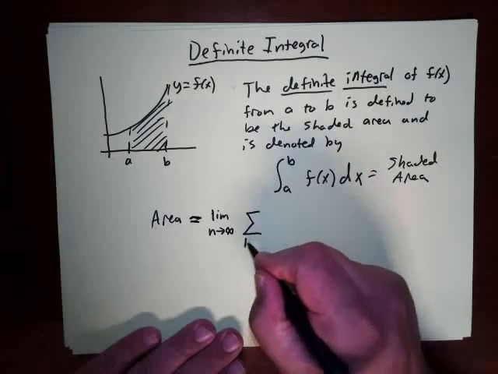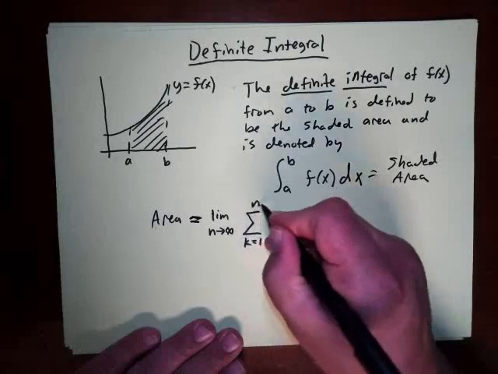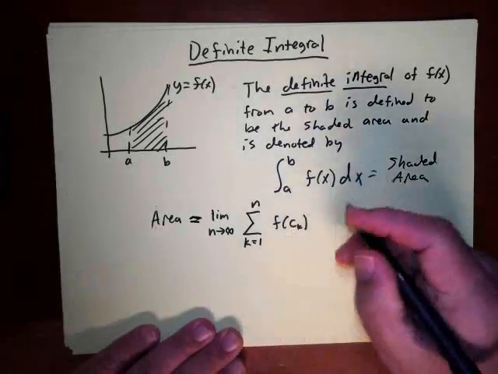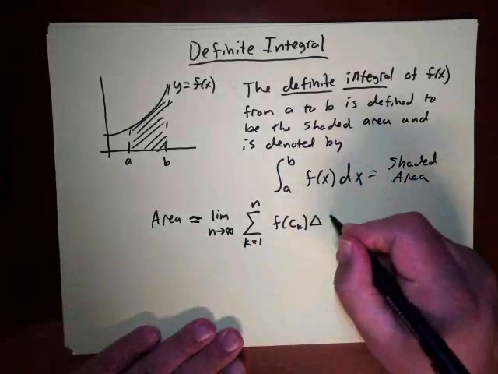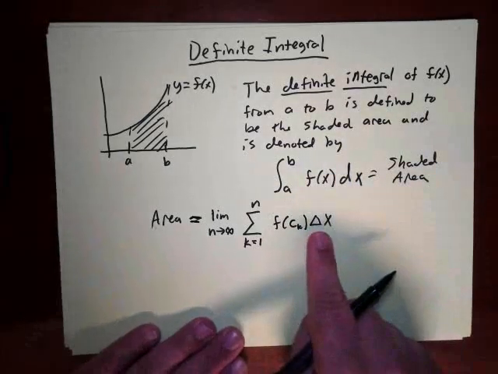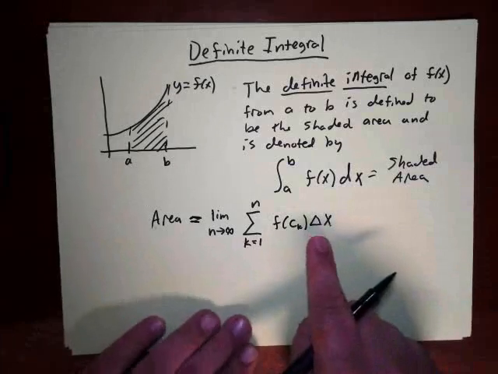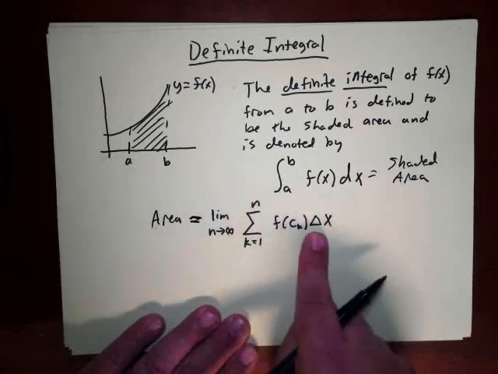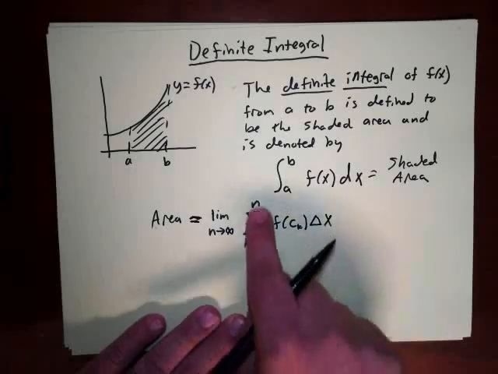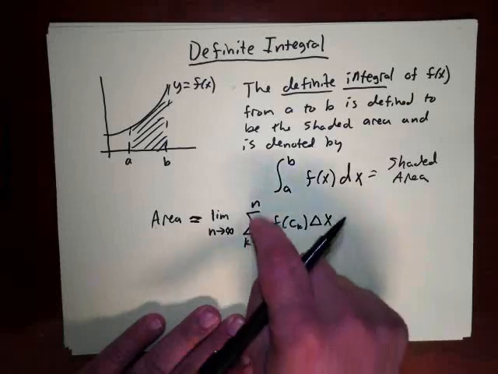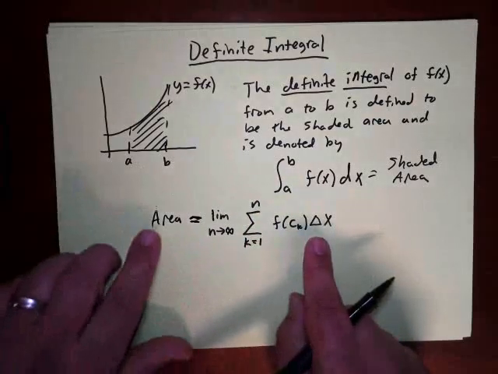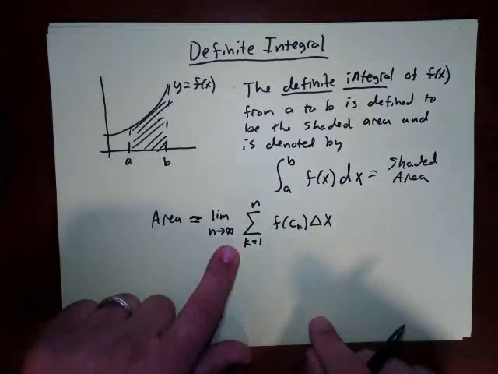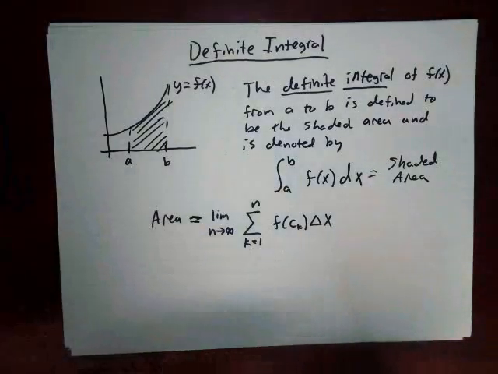And so you would have k equals 1 to n. And so this gave you the height of each rectangle, and then delta x was the width of each rectangle. And as the number of rectangles goes to infinity, this gave you the area of each rectangle, and then you summed them all up, and then you got an approximate area. But if you take the limit as n goes to infinity, then you get the actual area.